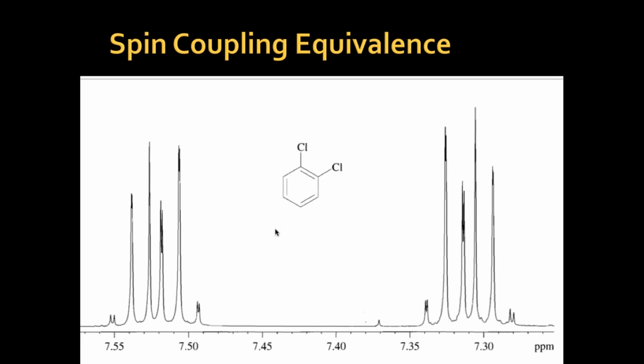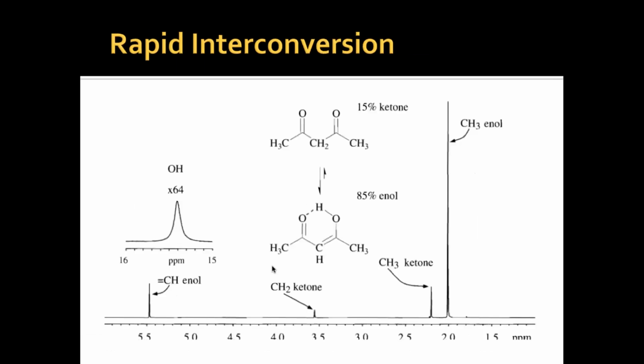But I showed here an example of spin coupling equivalence: if you have symmetry, your molecule can be divided into half with the same structure, so it shows the mirror image of the peaks.